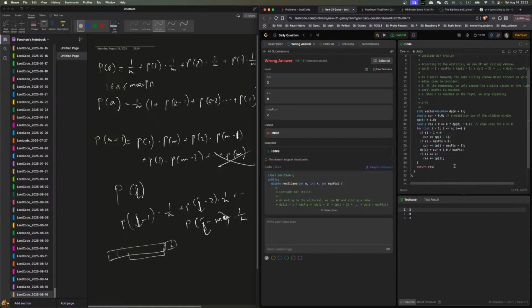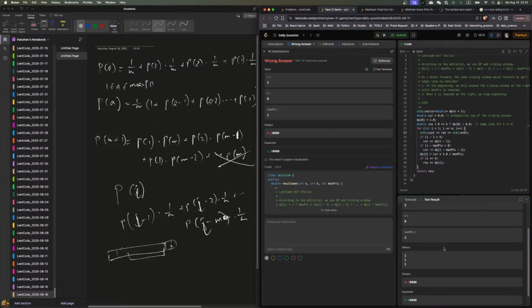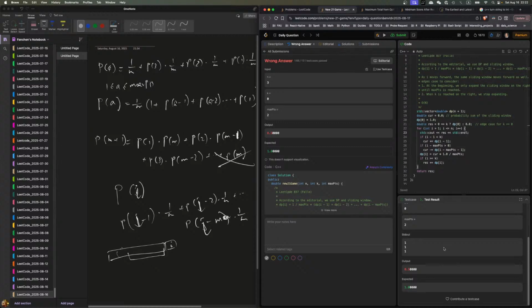I don't understand. It starts with 1. How is the output become 0.5? I honestly have no clue.